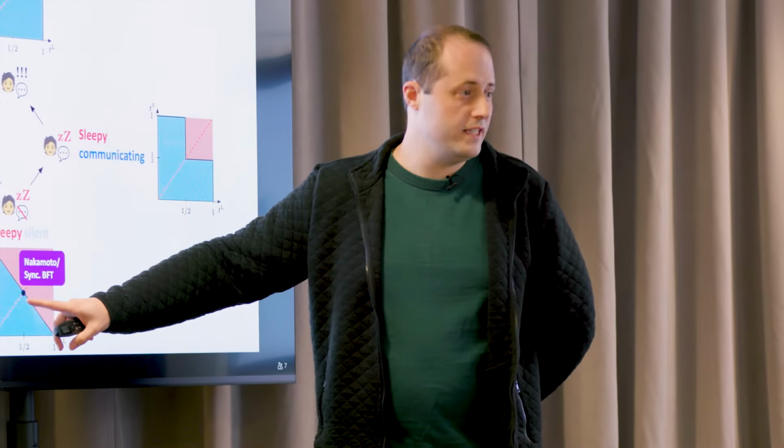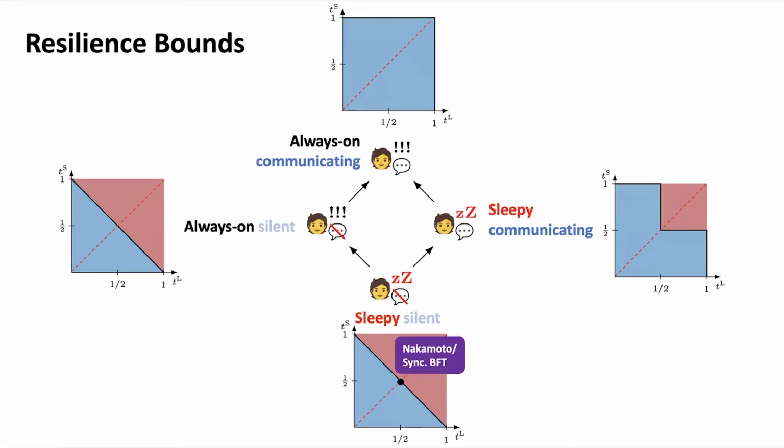Okay, good. So, right, this is the operating point that we've seen earlier of the Nakamoto protocols and the synchronous BFT protocols. And this is the 99% that we've seen for Dolev-Strong earlier. Now there's something interesting, which is that in the setting of sleepy and communicating clients, for example, and we're going to zoom into that in a bit, we have a new protocol which allows us to get consensus where we're always safe, up to 99% adversary, and we're live if a majority of validators is honest.